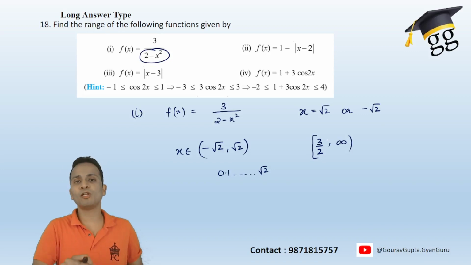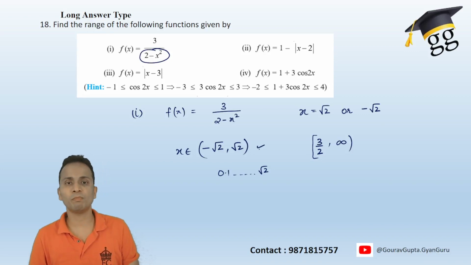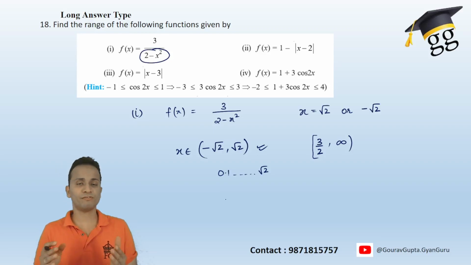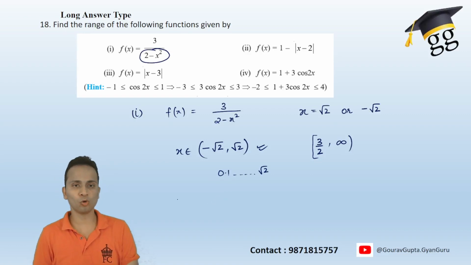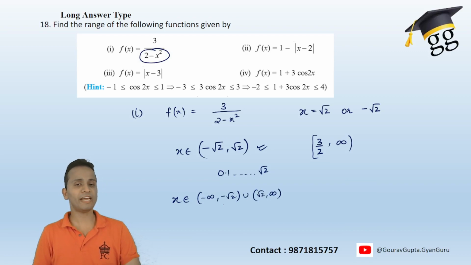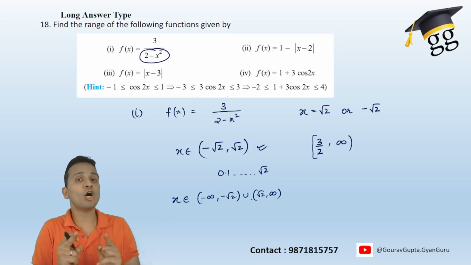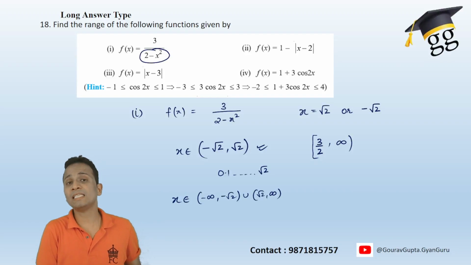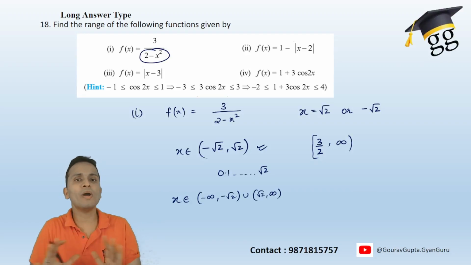Now this is when x belongs to the range minus root 2 up till root 2. Now if x is increased further above root 2 or decreased further below minus root 2, that means if x belongs to the range minus infinity up till minus root 2 or root 2 up till infinity, then the denominator will become negative, and the magnitude can be taken up to any value.